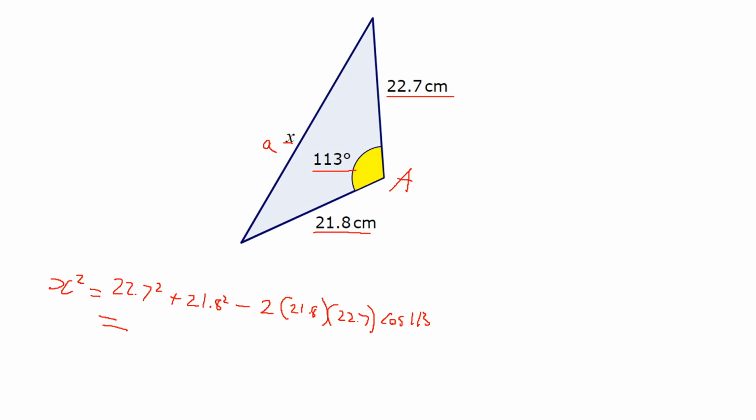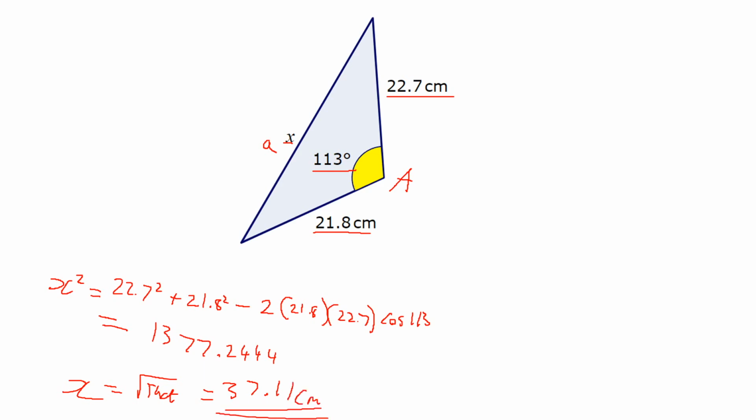Plug that into your calculator. I get an answer of 1377.2444. And so therefore x is just going to be the square root of that, which is equal to 37.11 centimeters. So that is how you do it with lengths.